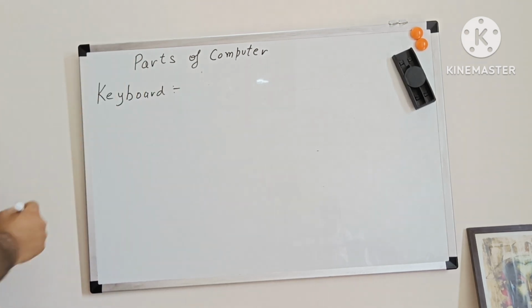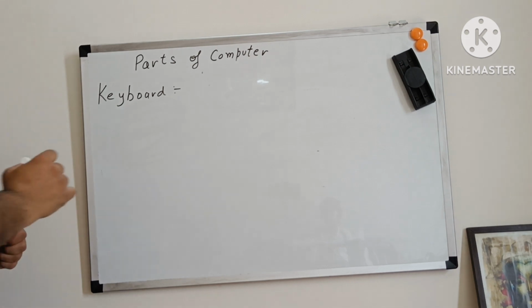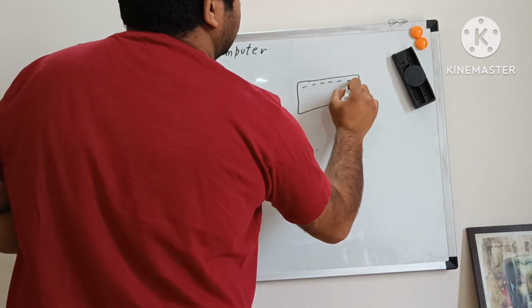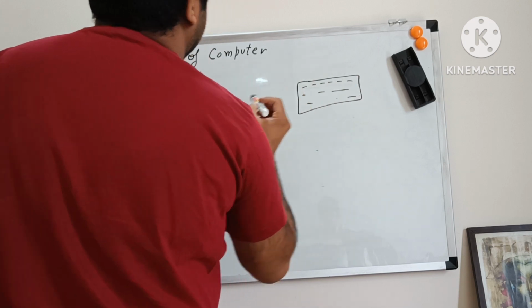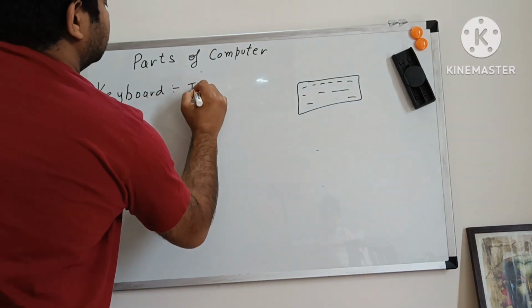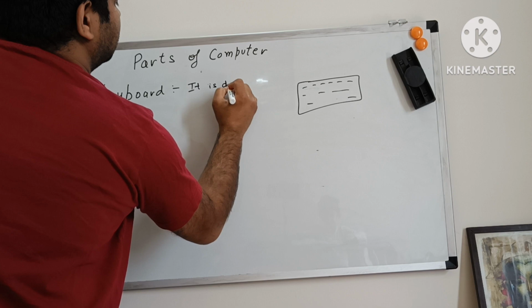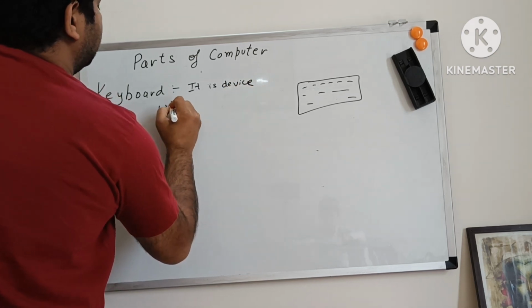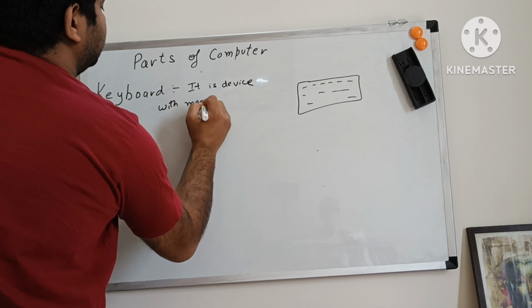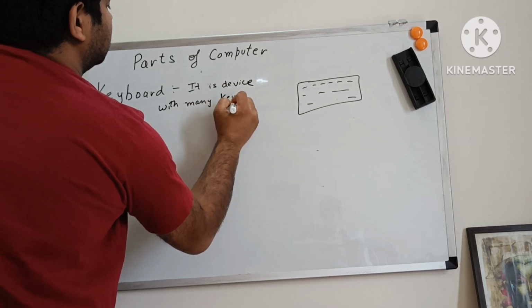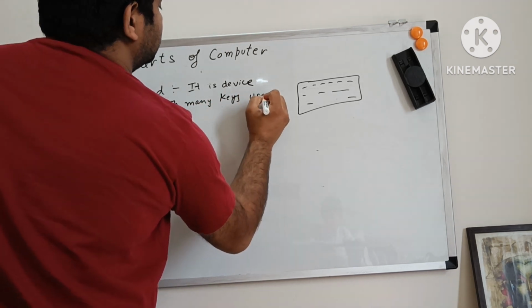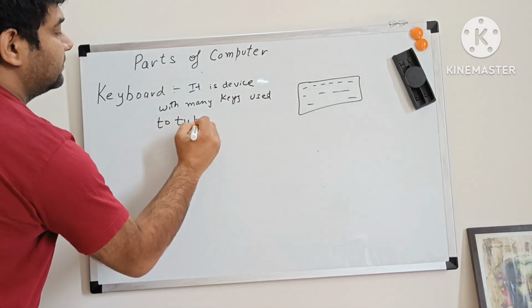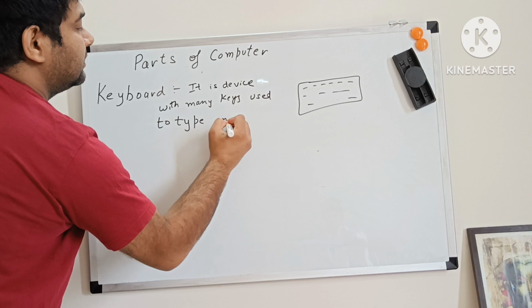What is a keyboard? A keyboard is a device which has many keys. It is a device with many keys used to type on a computer.